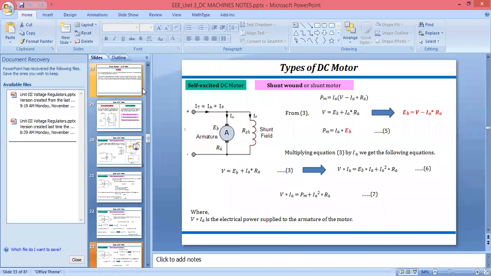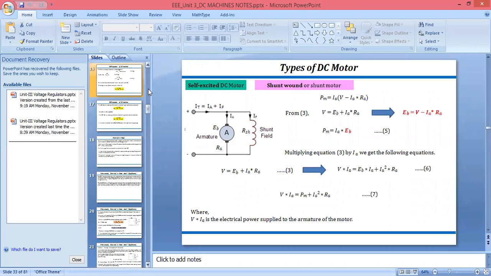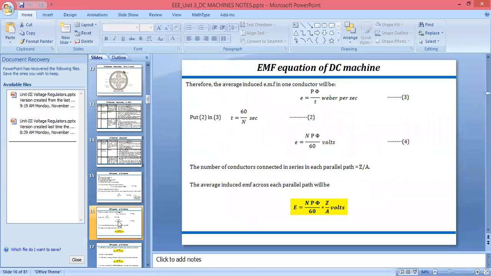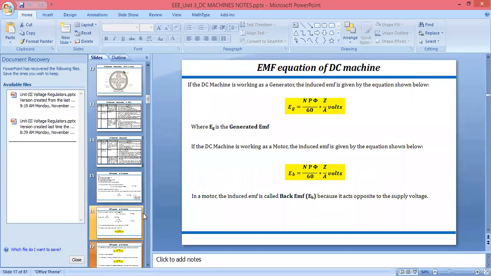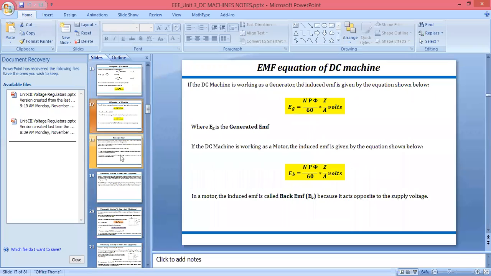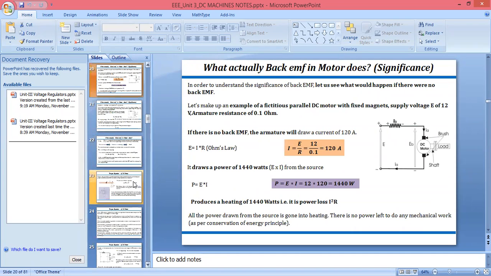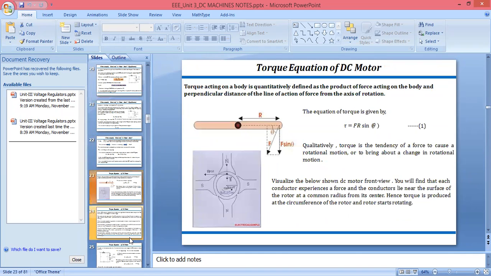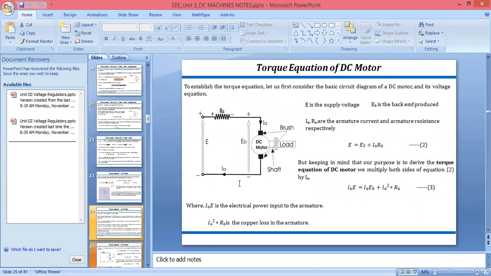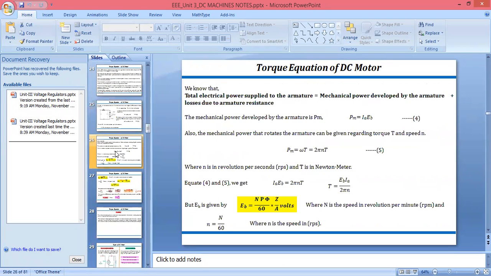If you see, these equations we have already studied in the torque equations, I will show you. Power. When we were calculating the power equation, at that time also what we have seen, we are supposed to calculate the mechanical power developed in the armature.